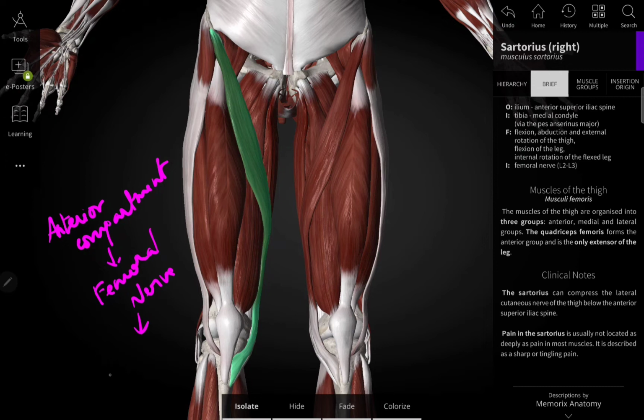That is, the femoral nerve has a root value of L2 to L4. So all the muscles of the anterior compartment of the thigh are supplied by the femoral nerve.